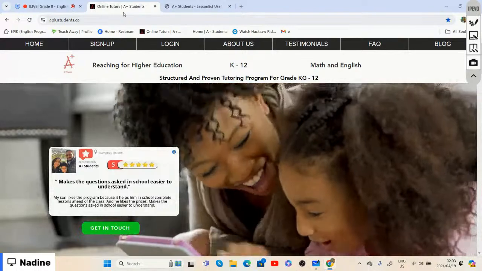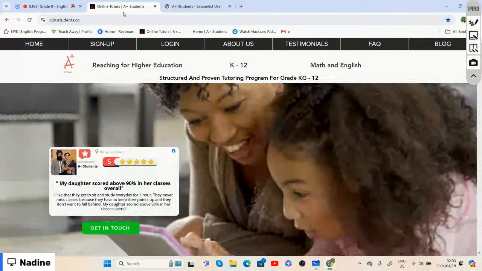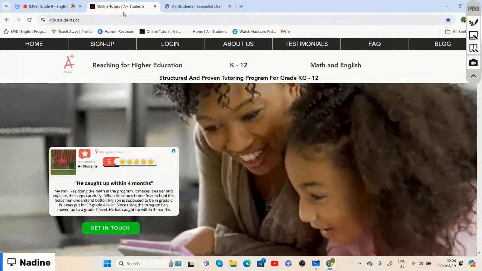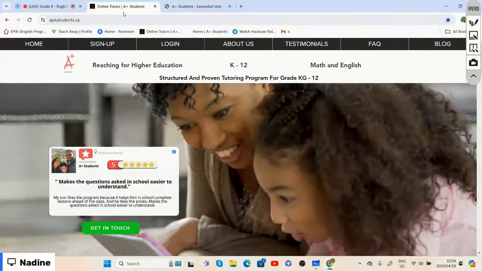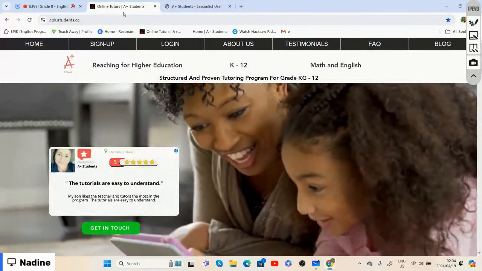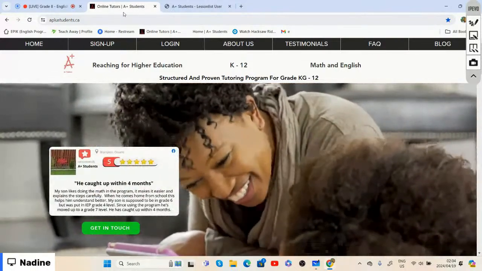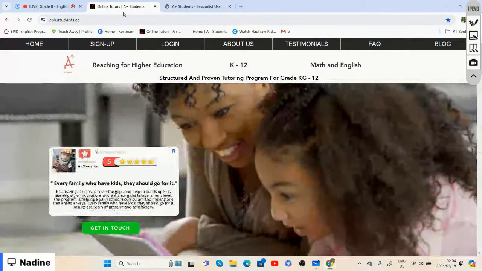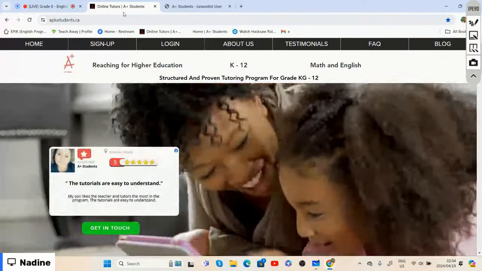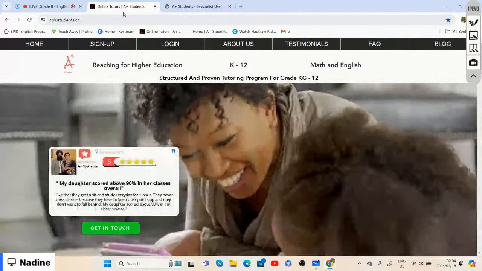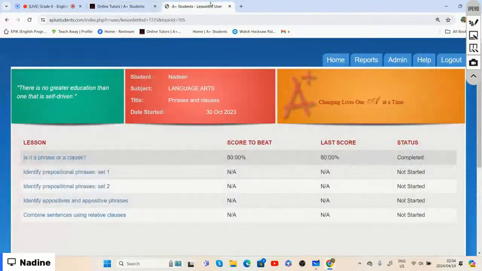Once you've logged on with our username as well as our password, we're going to select the subject of language arts grade 8, and then scroll down until we get to the chapter of phrases and clauses.